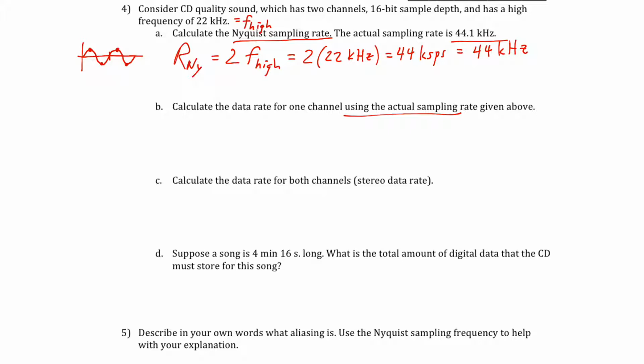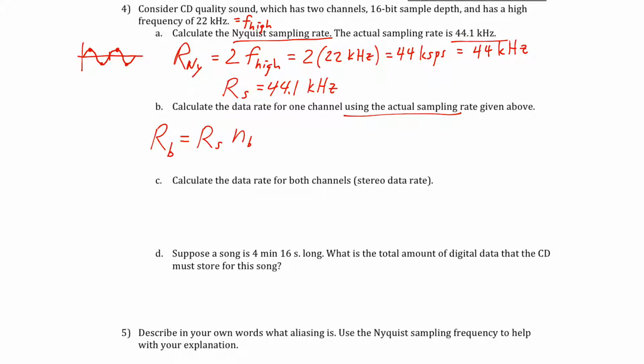Now I'm going to calculate the data rate for one channel. The bit rate is equal to the sampling rate. So my actual sampling rate is going to be 44.1 kilohertz, or kilosamples per second. The bit rate is the sampling rate times the bit depth of the sampling.